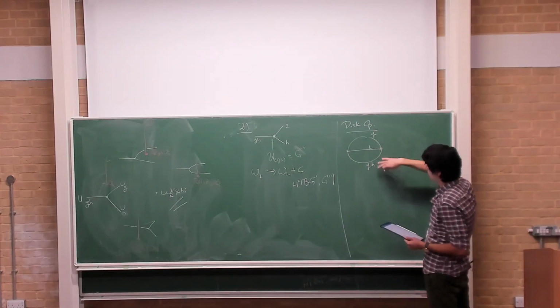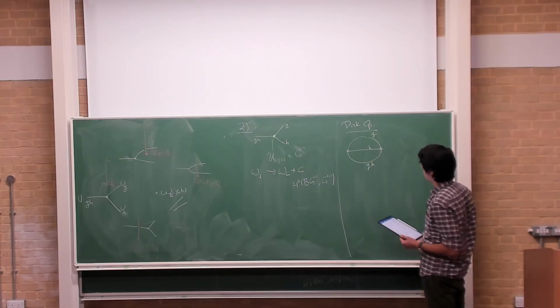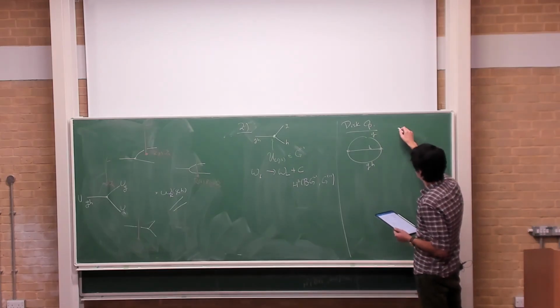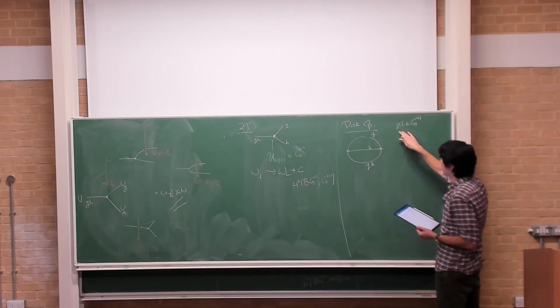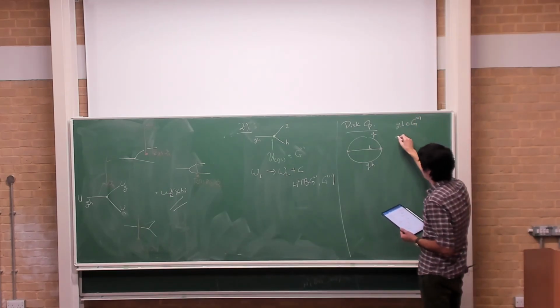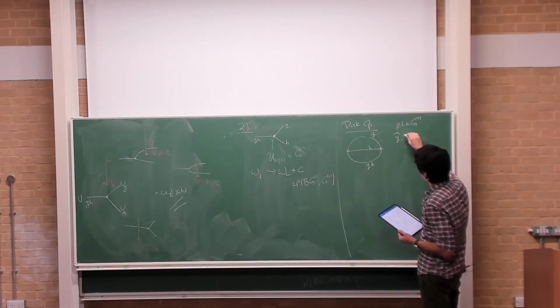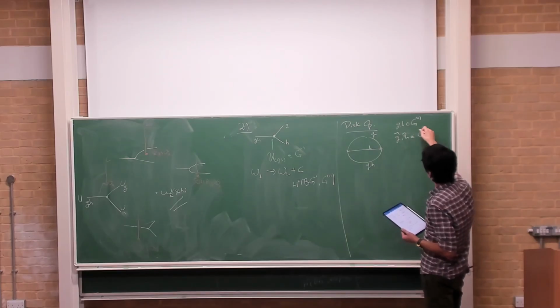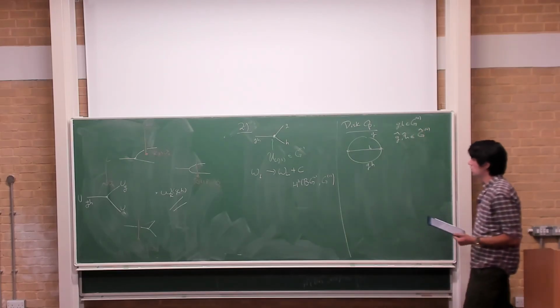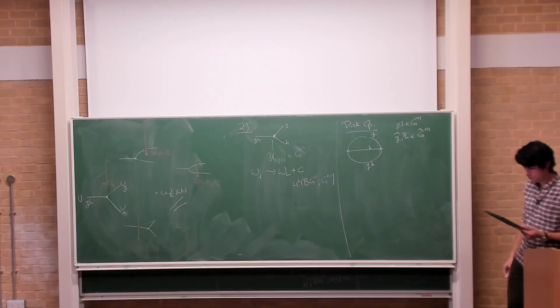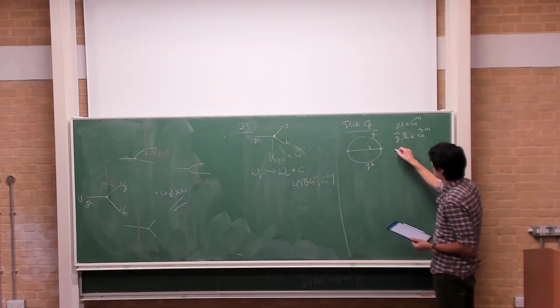What you want is to pick G's and H's such that G and H are in G0, but if you pick a lift, G hat and H hat, which are in the simply connected cover of G0, they don't commute.